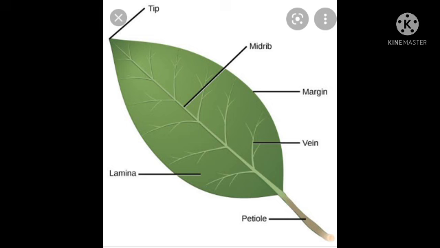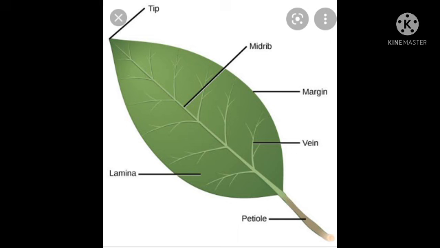On the lamina, there is a main vein called the midrib. Other veins are branched from the midrib. The portion of the leaf connecting the nodal region of the stem is known as leaf base.